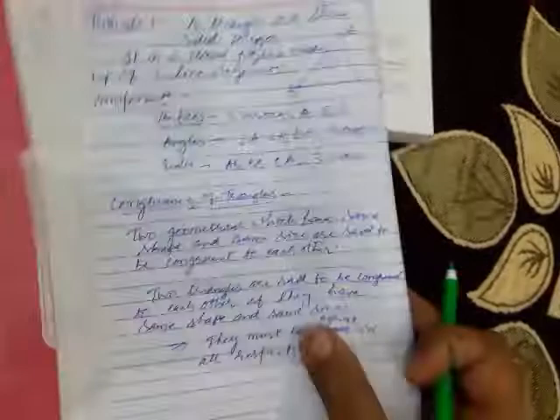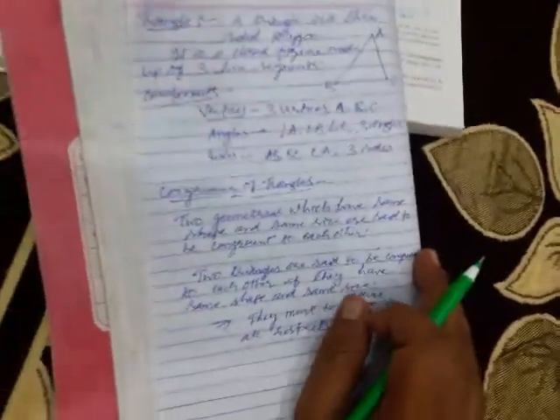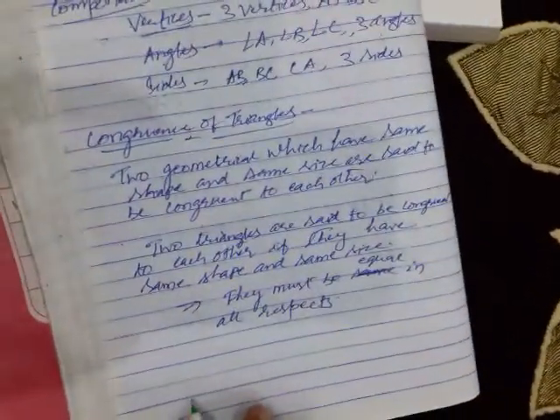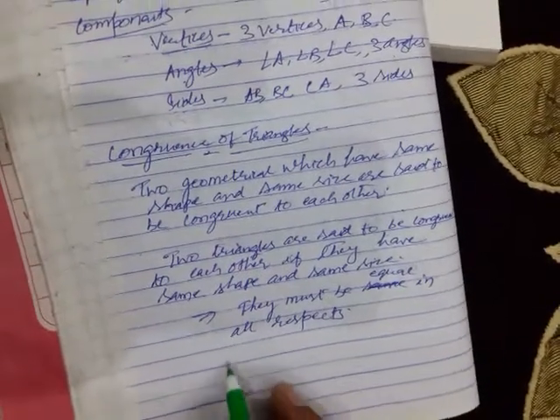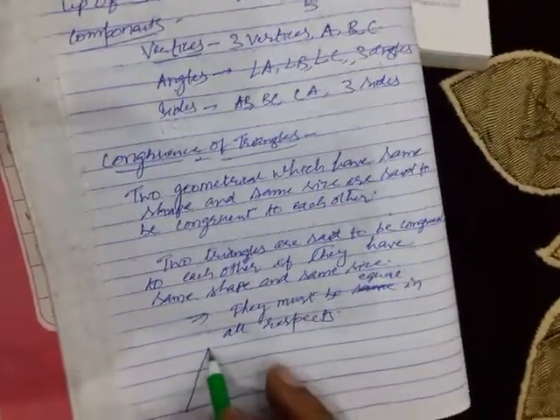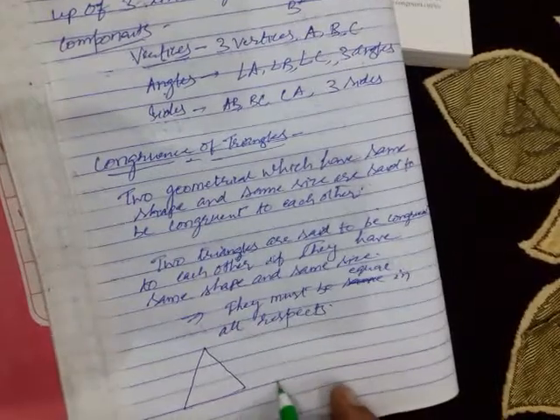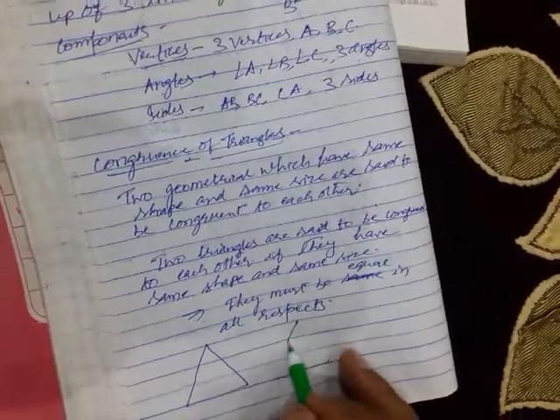Okay children, so there are two triangles. Let us draw a figure.